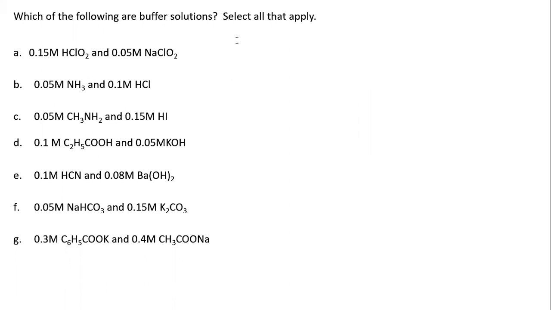Now, again, a buffer is made up of a weak conjugate acid and weak conjugate base. Typically, a buffer is made up of a weak acid and weak base. Generally, these include the weak conjugate acid and its corresponding conjugate base.